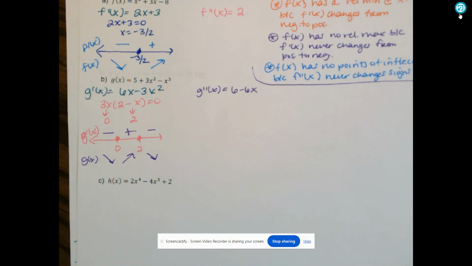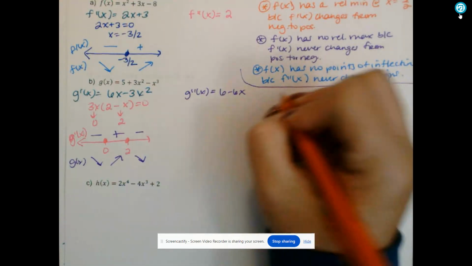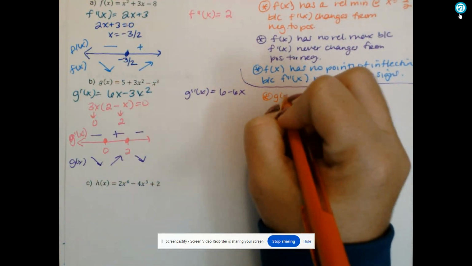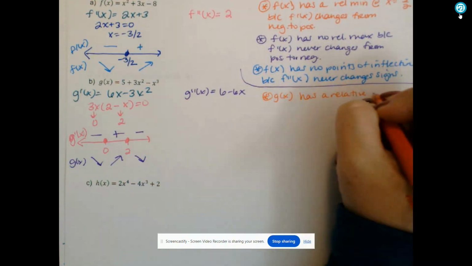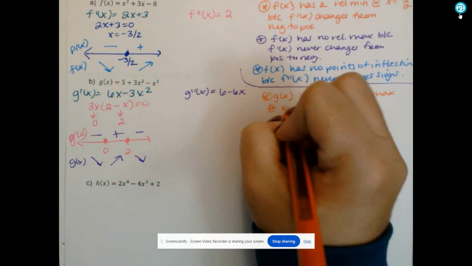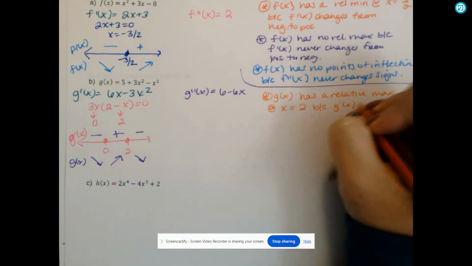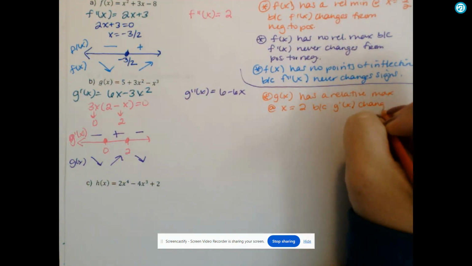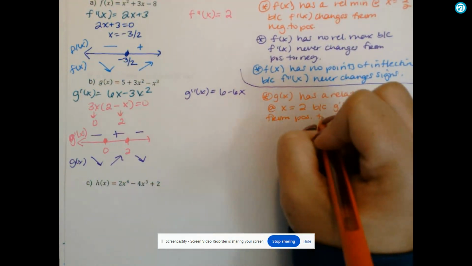All right, so then we can go ahead and do our extrema. So g of x has a relative max at x equals 2 because g prime of x changes from positive to negative.